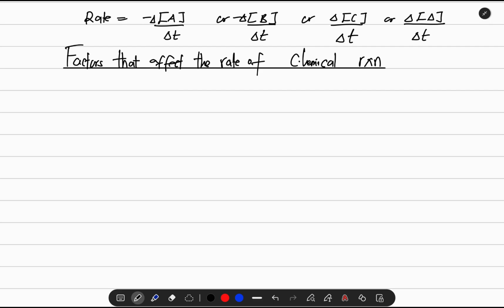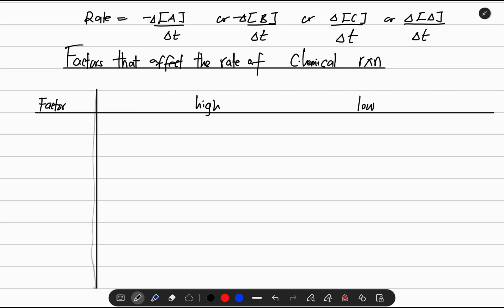I'm going to put factor here, and then high and low. I think this one is better. So the first factor is temperature.